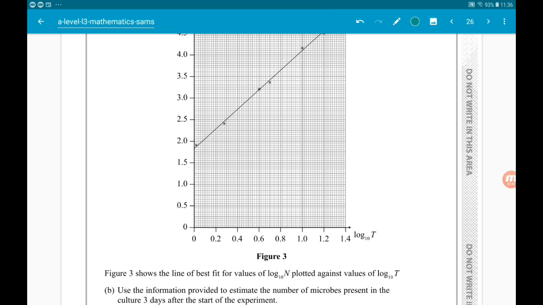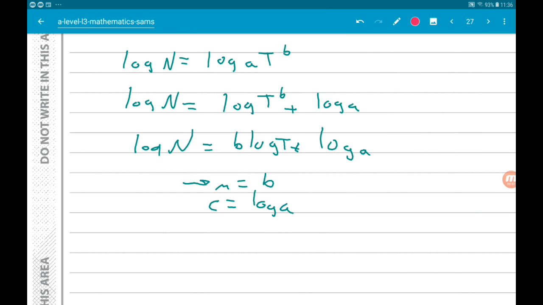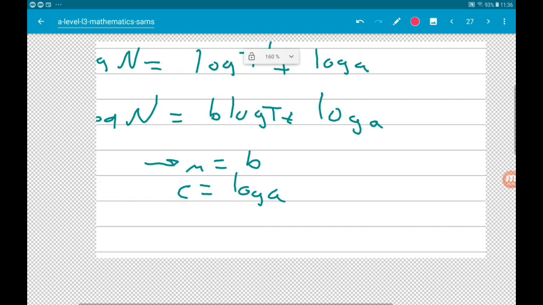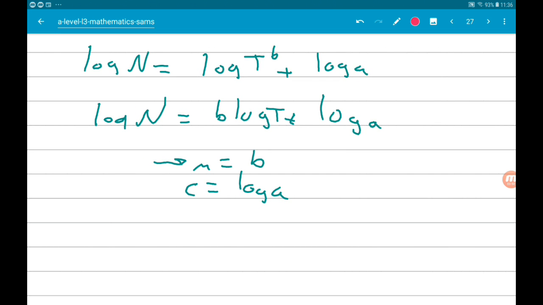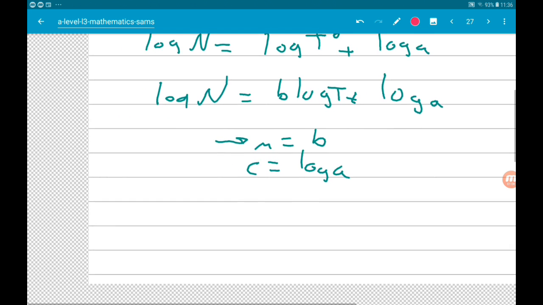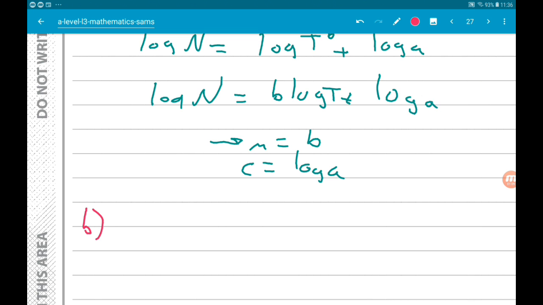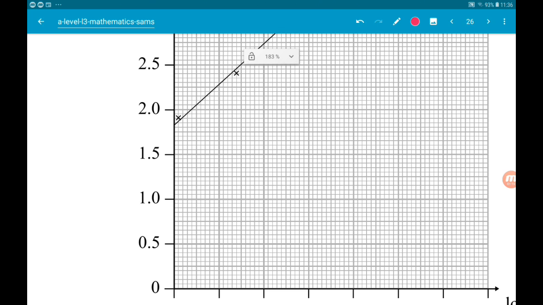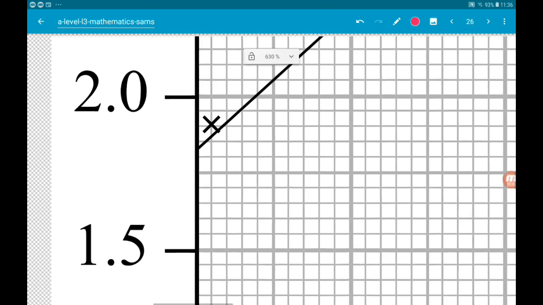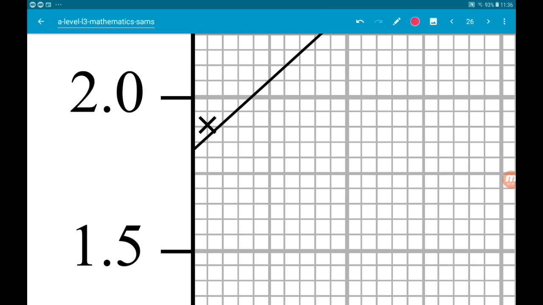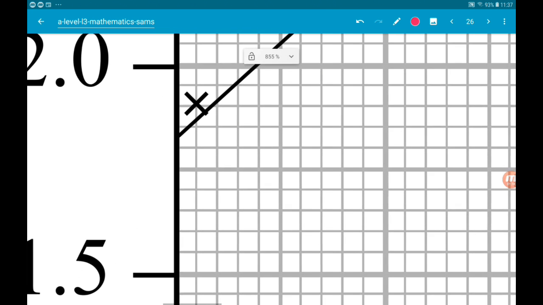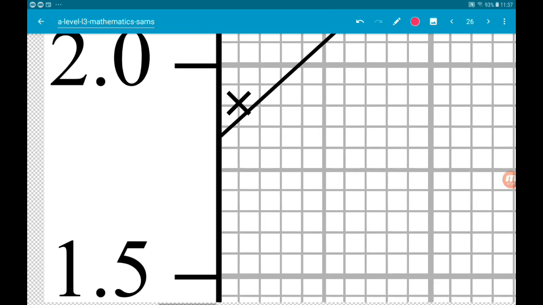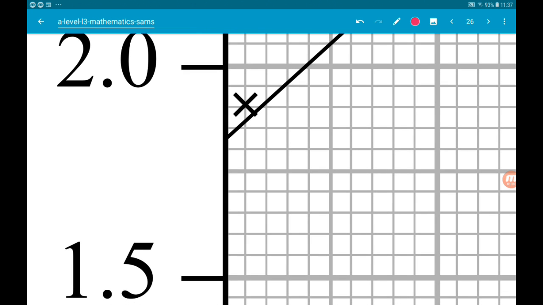So, first up then, remember that we found that c, the y-intercept, or here the log base 10 of n-intercept, is log a. So, if we go to the graph and find the value of the intercept, so every 10 little squares represents 0.5, so I would say that's about 1.8.